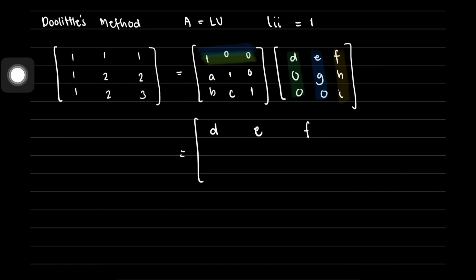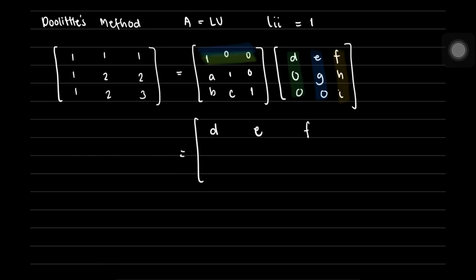So basically, the first row of the resultant matrix would be equal to the first row of the upper triangular matrix. Right, so let's continue with our computation.